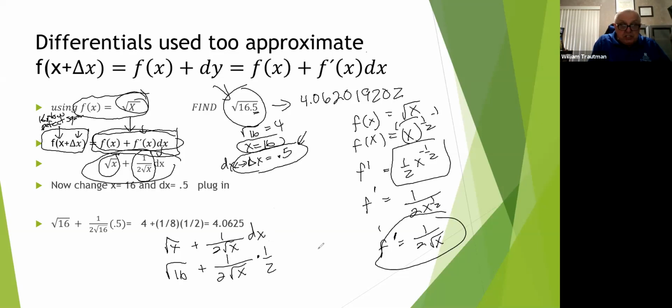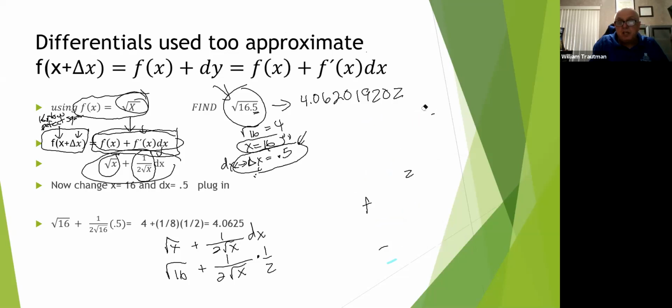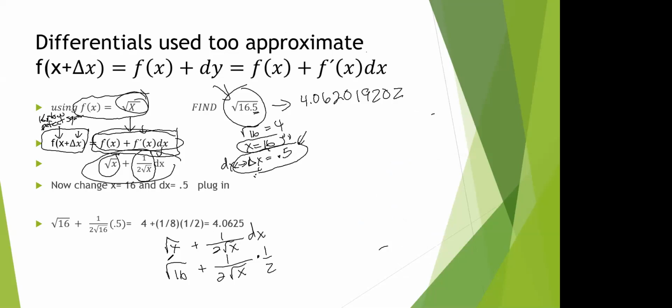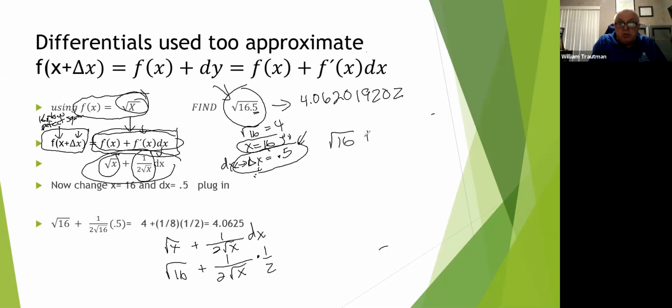I'm going to erase this stuff on the right. That's square root of x, isn't it 16? Yes, square root of 16 plus 1 over 2 square root of 16, by the way, times 1/2.